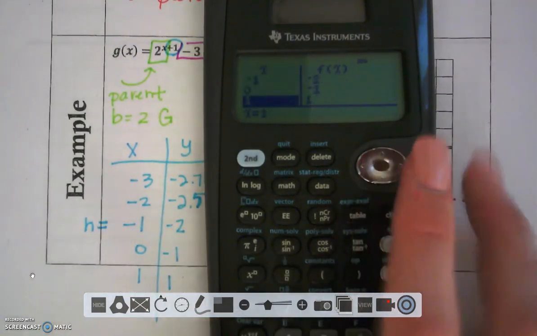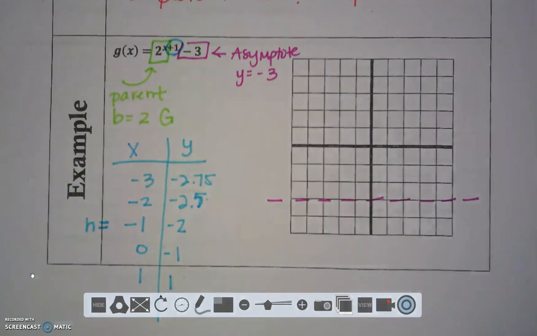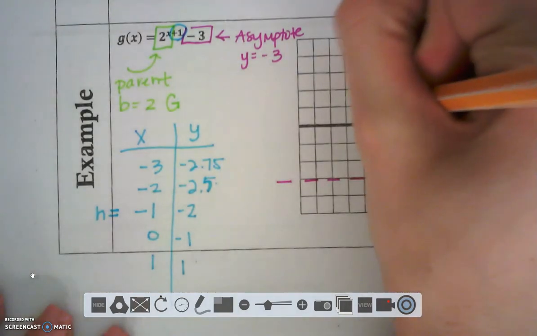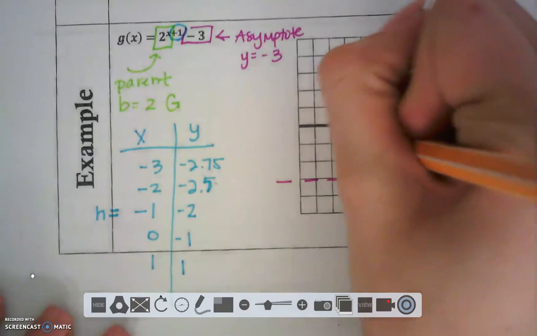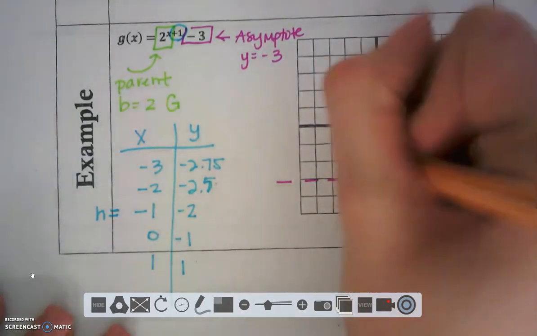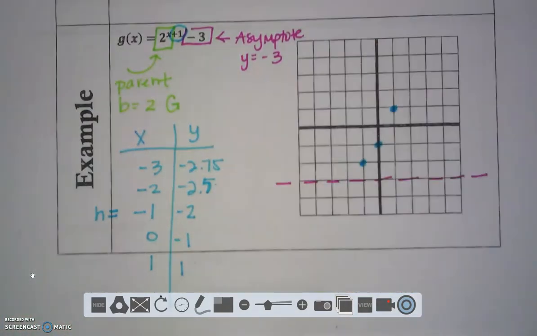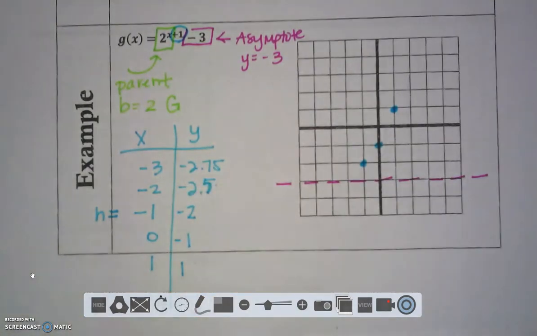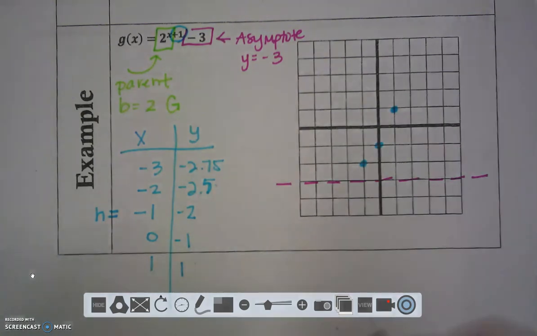So now it's time to graph. Let's start with the points that are actually whole numbers. We'll start at 1, 1. We'll start at 0, negative 1, and negative 1, negative 2. Now, these decimals are going to be very hard to graph. So I'm going to encourage you to not stress over that because they will be taken care of.